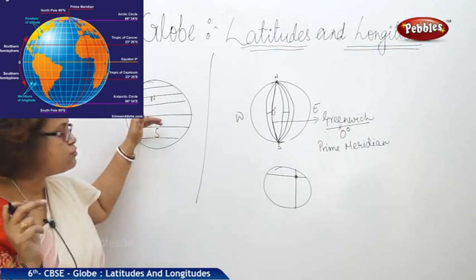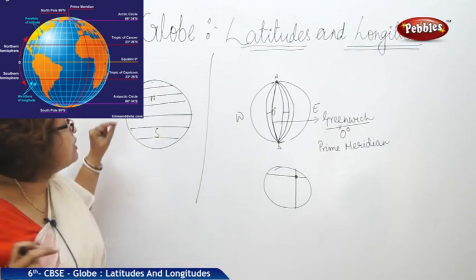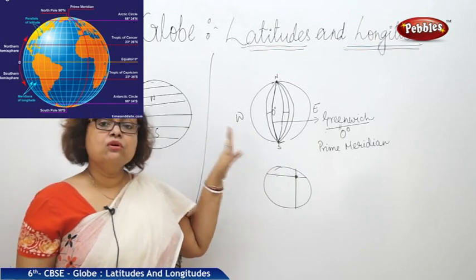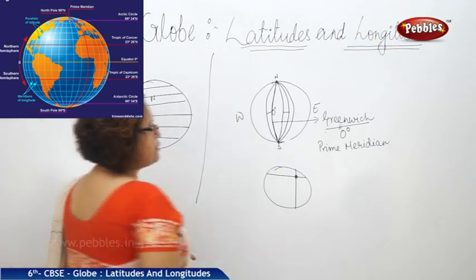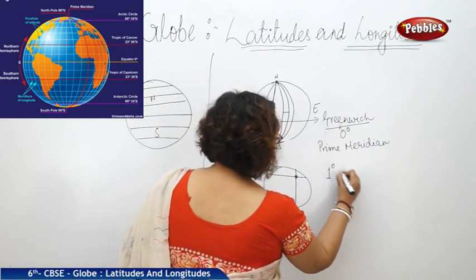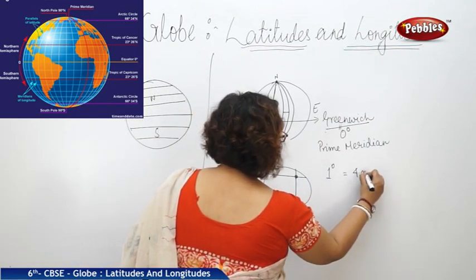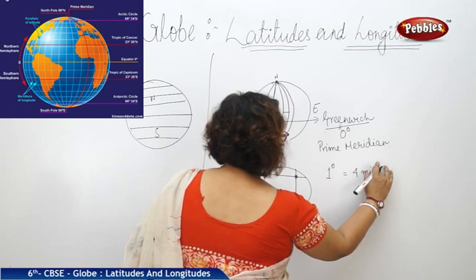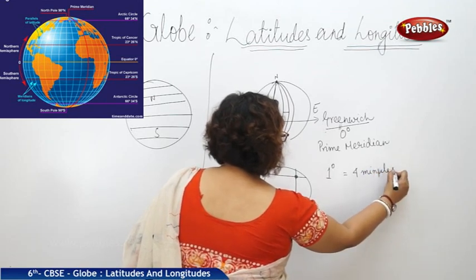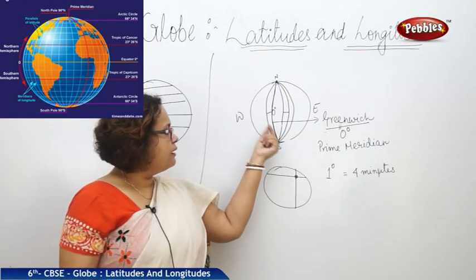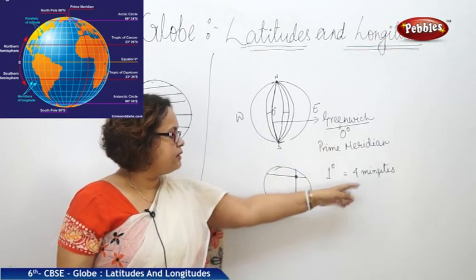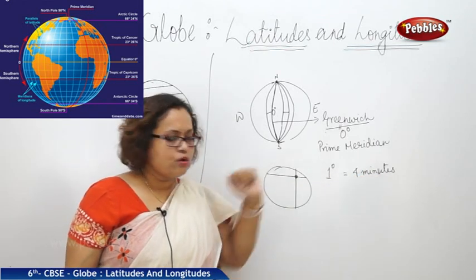Here also, I told you that every 1 degree we have a latitude. Here also every 1 degree we have a longitude, and the difference of time for 1 degree is 4 minutes. Why is it so? For 1 degree difference from one longitude to another longitude, the time difference is 4 minutes.